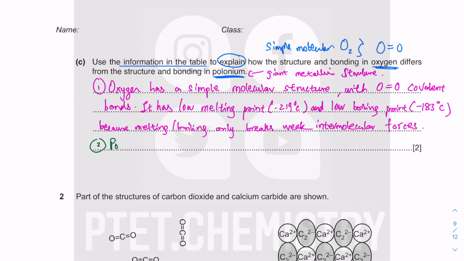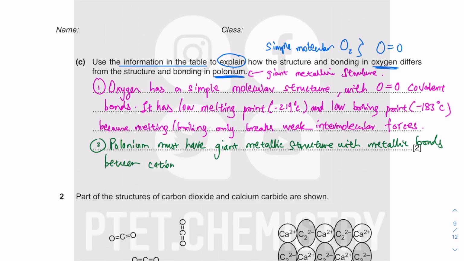Okay, so polonium must have giant metallic structure. So I mentioned the structure first, with metallic bonds between cations and delocalized valence electrons.